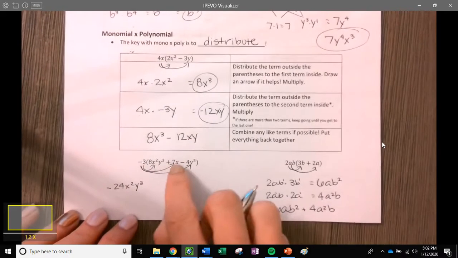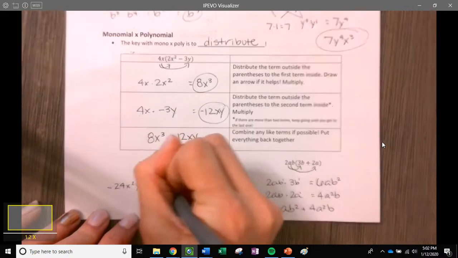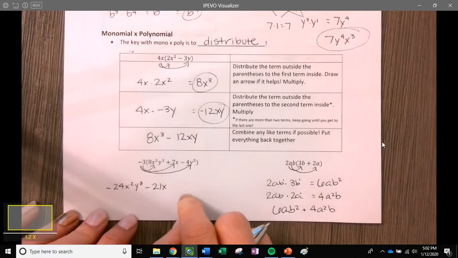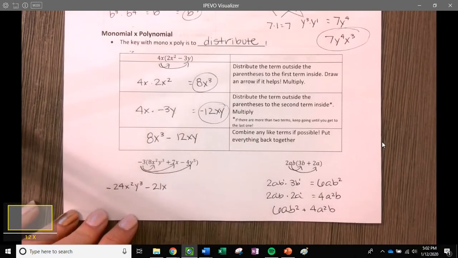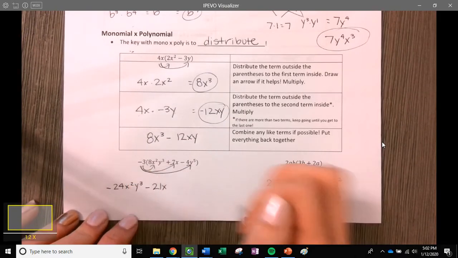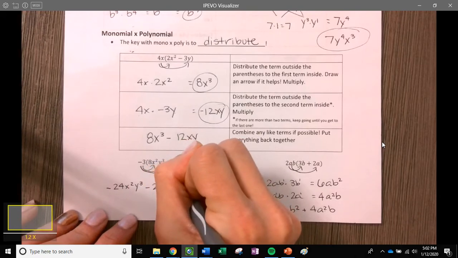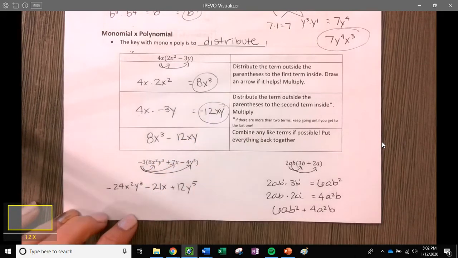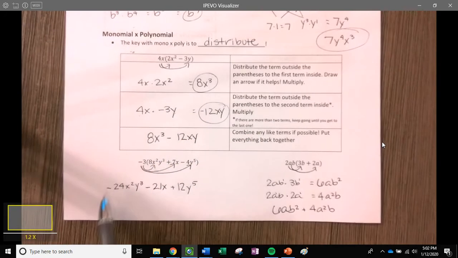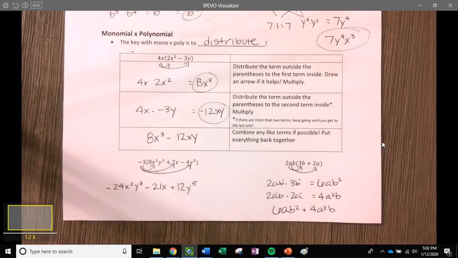Same thing here, negative 3 times 7x, negative 21x. 7 times negative 3 is negative 21. And negative 4 times negative 3 is going to give me positive 12, and the y to the fifth will remain the same. Nothing we can combine, so that's where we stop.